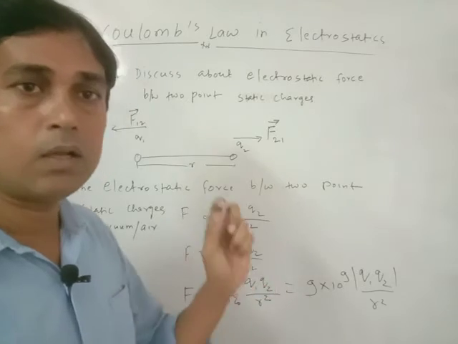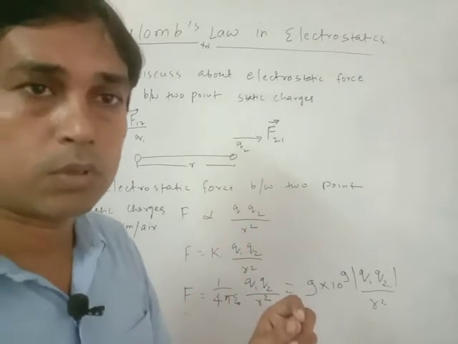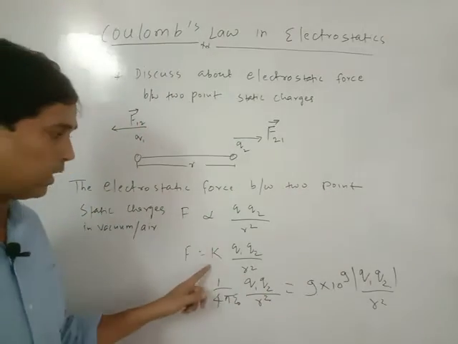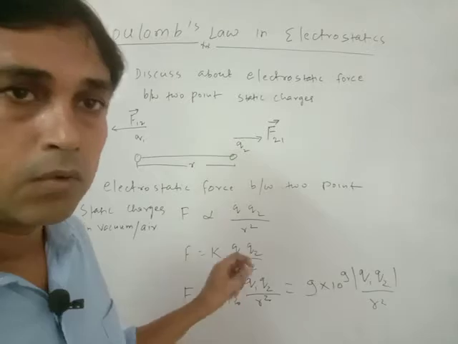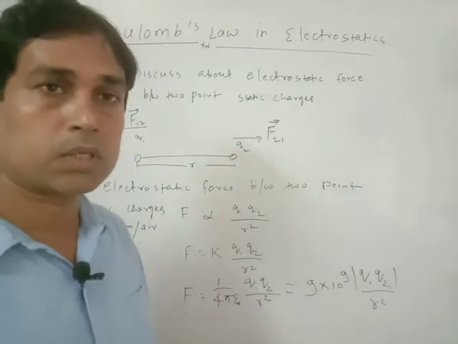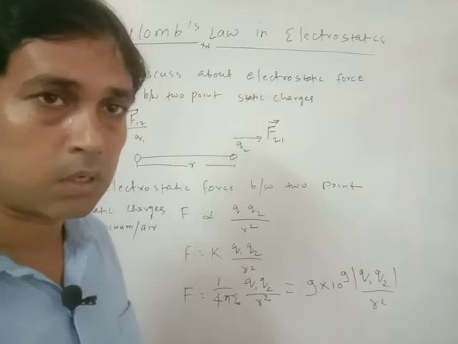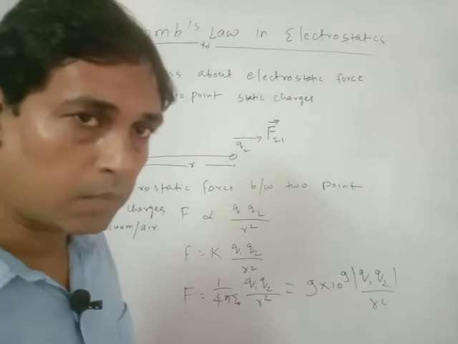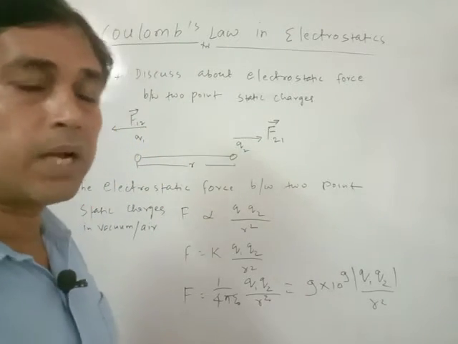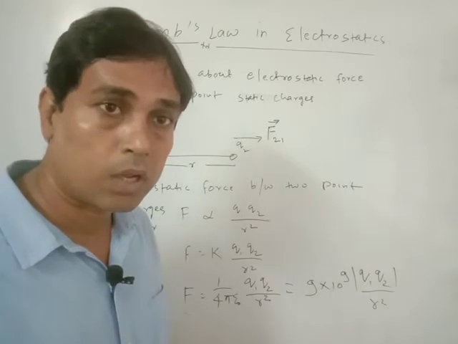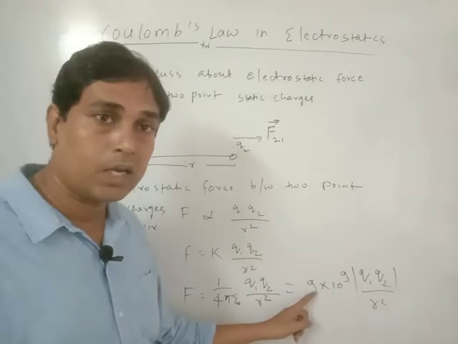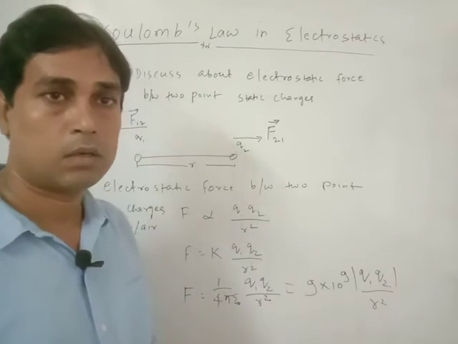So we find the magnitude of the electrostatic force between two point static charged particles as F is equal to K Q1 Q2 by r square, where K is the proportionality constant, known as the electrostatic constant or Coulomb's constant. K is equal to 1 by 4 pi epsilon naught when the two charged particles are placed in vacuum or air, and the value of K is about 9 into 10 to the power 9.